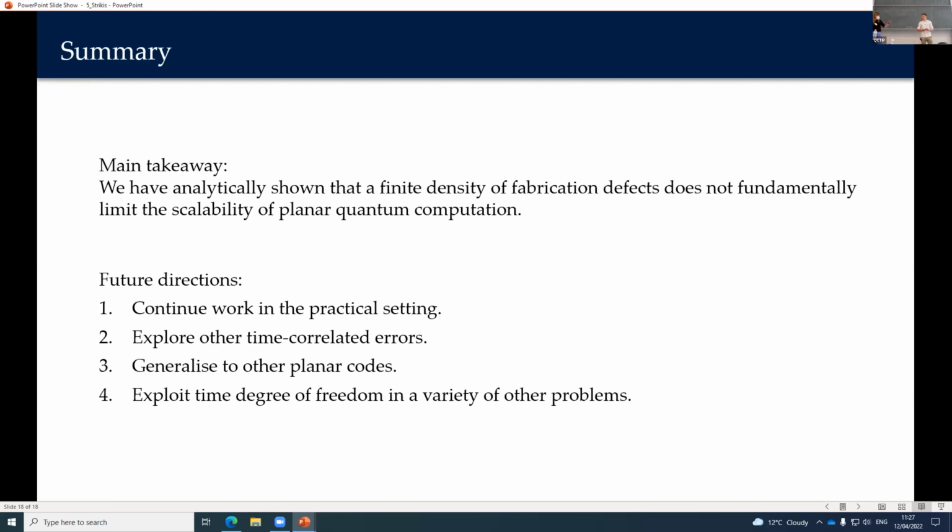Can you just repeat the question? So the question was, the assumption is that we are aware of where the fabrication defects occur. How about the cosmic rays? So the answer is yes. It's not as easy to detect the cosmic ray events, but there are some algorithms that would detect a very huge burst of lots of syndrome events in some region, and that would give you some kind of hint that a cosmic ray has happened there, and we can start enclosing.